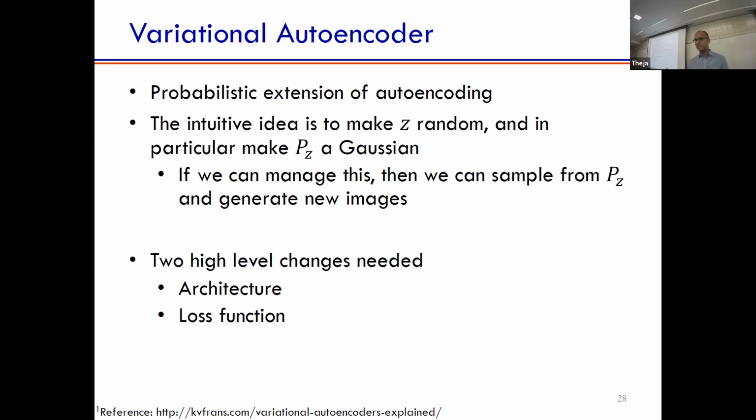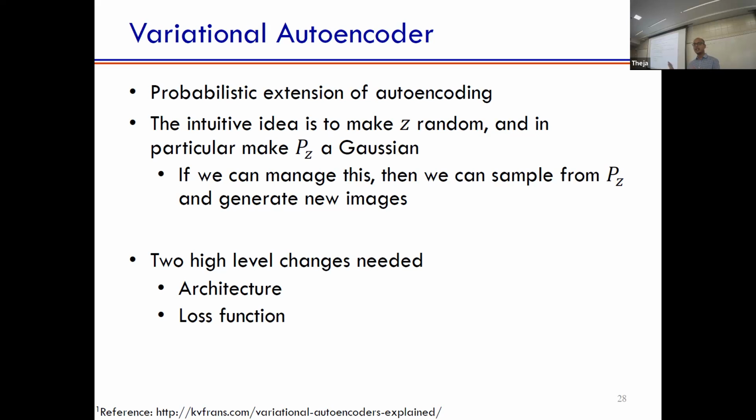So we made z a random variable, we made x a random variable. That's good. And there are a couple of ways to discuss this VAE, by the way. One of them is just talking about changes in the architecture and changing the loss function, and done. So you don't even have to talk about anything to do with variational approximation of a joint distribution.